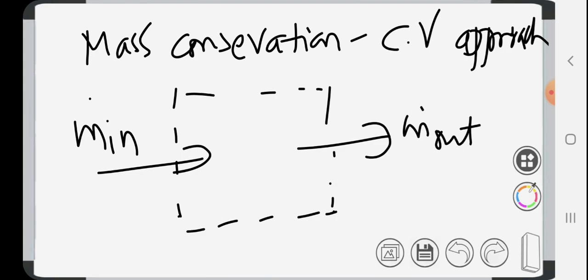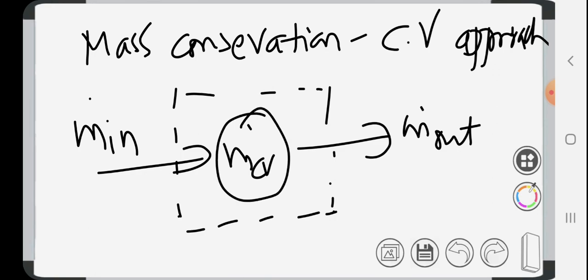So how can you form an expression for mass conservation? The difference between input and output of mass flow will be equal to the change in the amount of mass that is accumulated in that particular control volume.